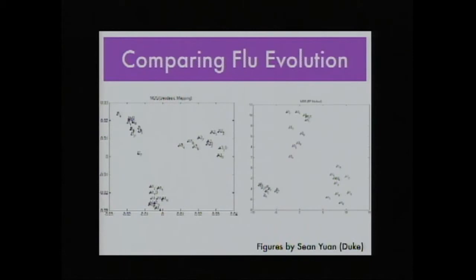These were all done by Sean Wan, who's a student of Katja Kuhl at Duke. You can see that all the B trees representing the B flu strain are clustering, and then the H3N2, or H2N3, I don't remember which one, and then the H1N1 are clustering down here.